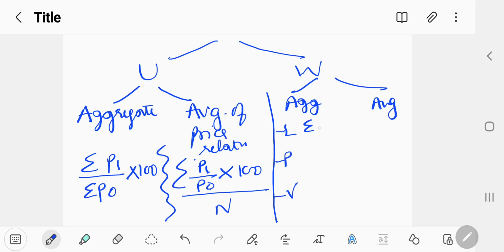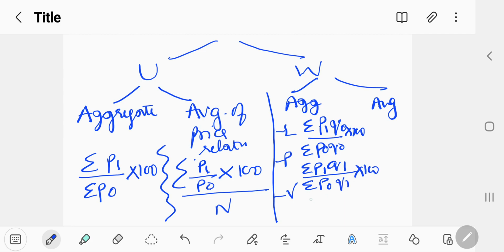In the case of Laspeyres, I multiply prices with quantity of base year as weight, multiply with 100. In the case of Paasche, I multiply prices with quantity of current year, and in the case of value, I take quantity of current year as base of price of current year, and quantity of base year as price of base year, multiply with 100.